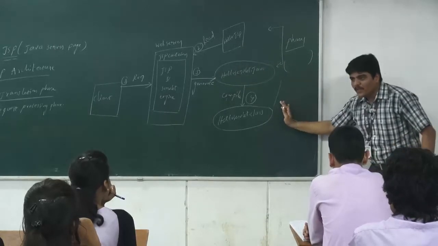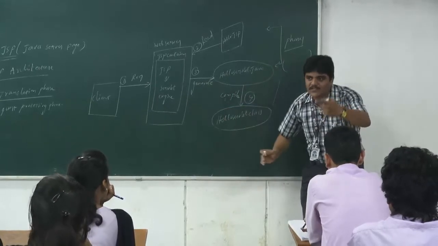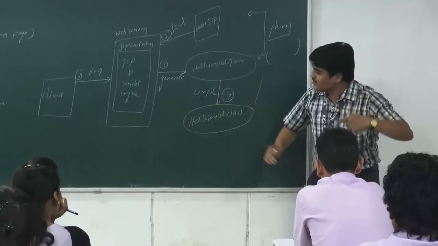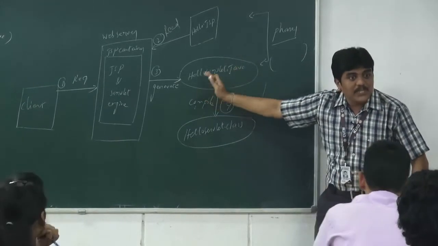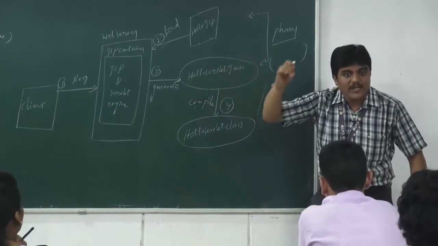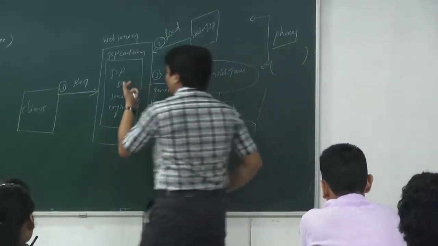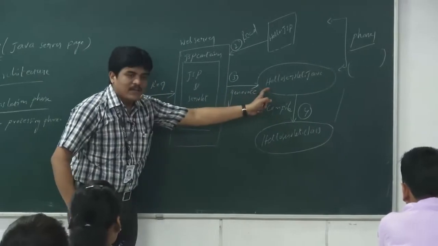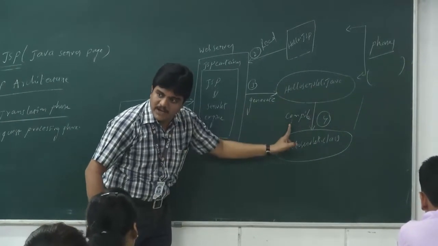Now in phase 2, a servlet engine simply calls this translated JSP source code, which is the servlet source code, and compiles the generated servlet class.